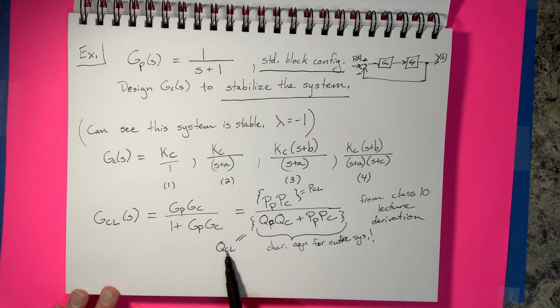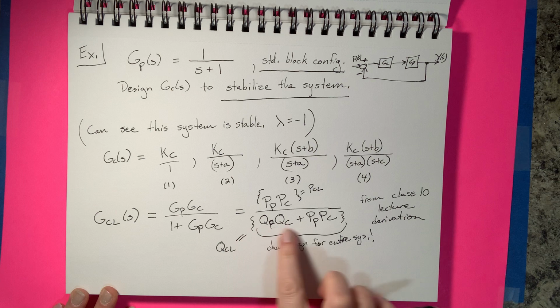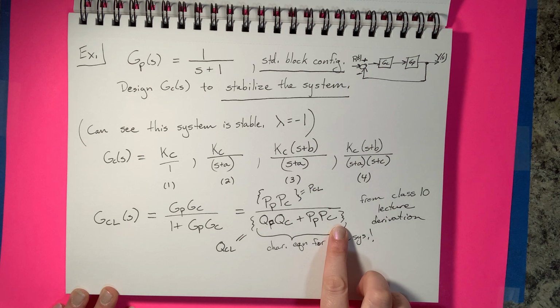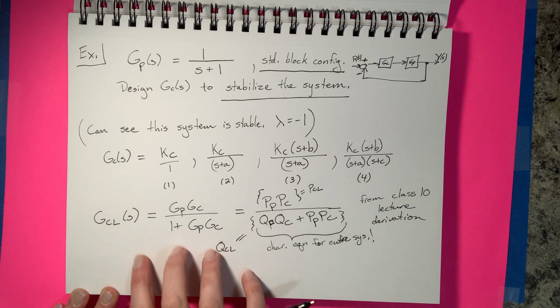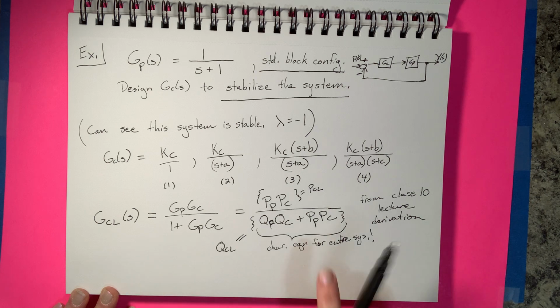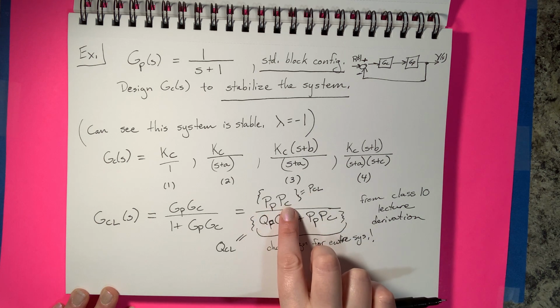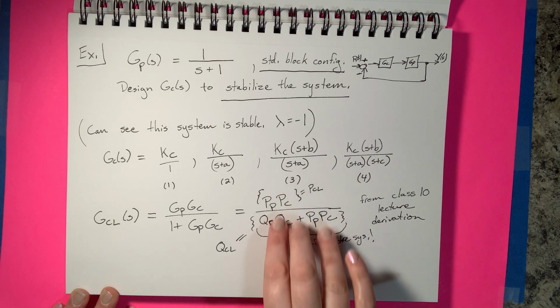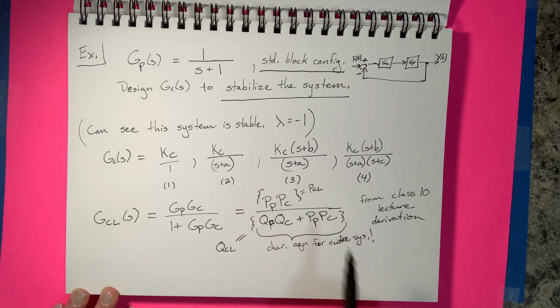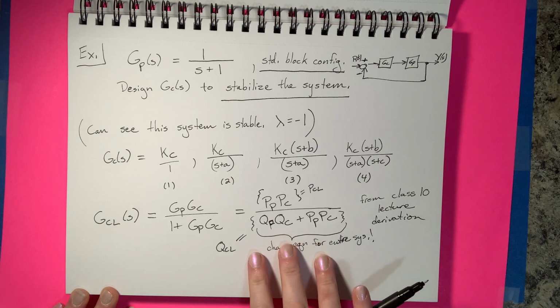Okay, so QCl will give us all of the poles for the entire system. Poles are equivalent to system roots, which is what we're talking about here with control design. And then PCl's roots are the zeros for the whole system. Both of these are critical frequencies that we'll plot with Bode plots and such later.